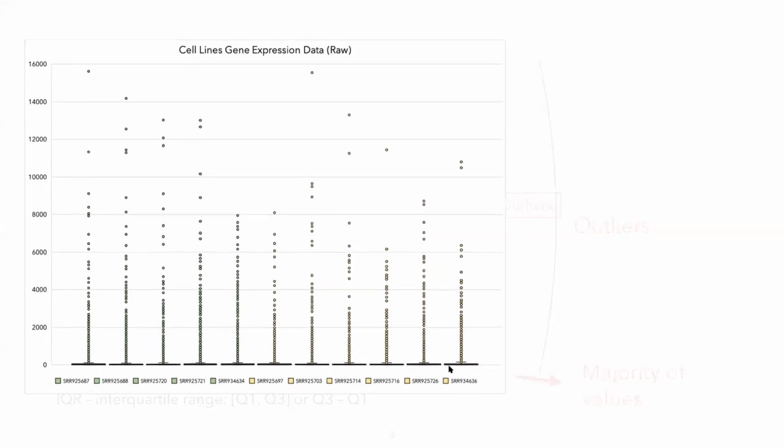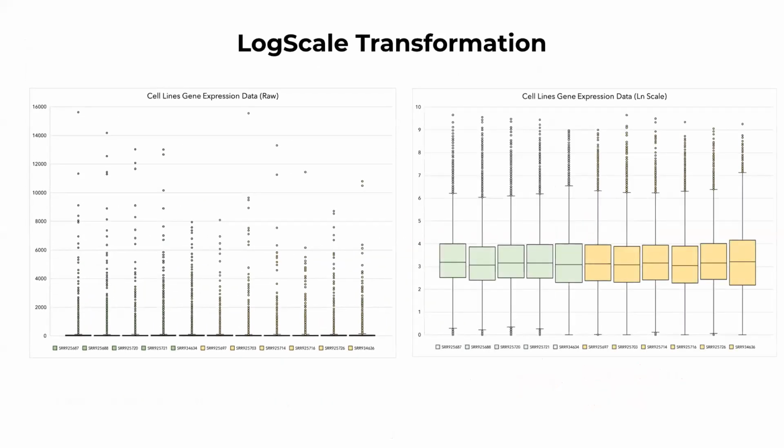So log scale transformation, as we saw, and this is the same data after log transformation, and this is called log normal distribution, really stretches out the bulk of the data, which was previously down here, and now we can compare these samples much more accurately.